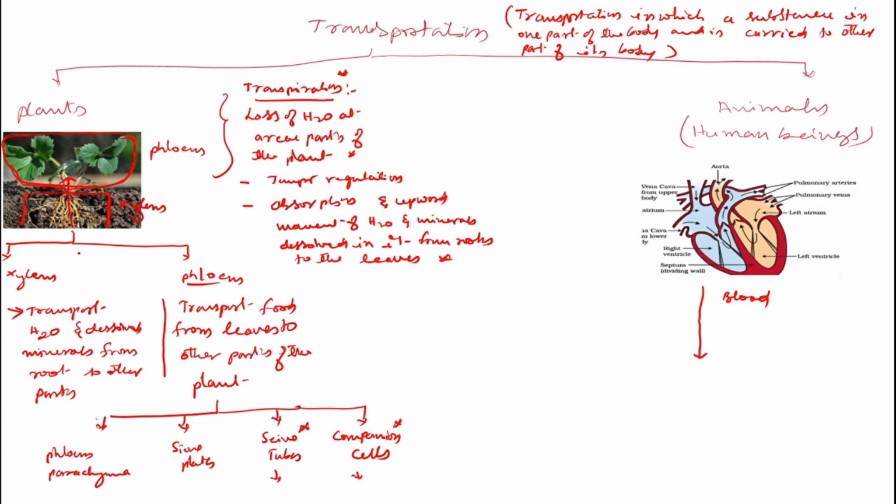In plants, water is the medium. Here the medium is blood. Blood consists of a fluid medium called plasma in which cells are suspended.